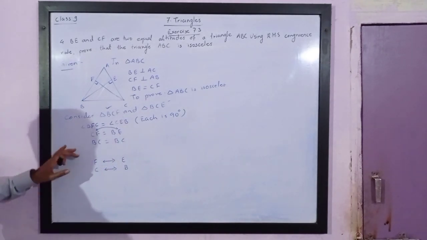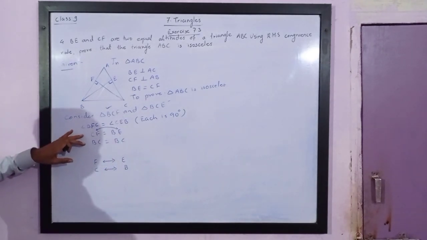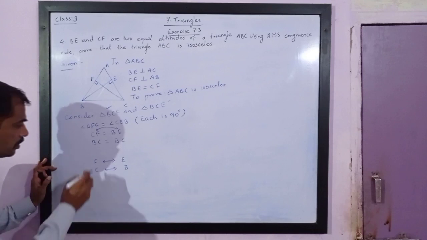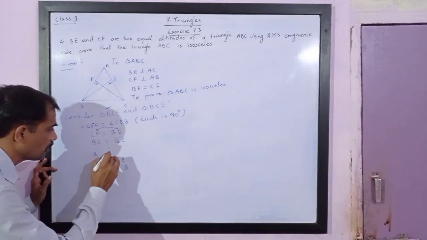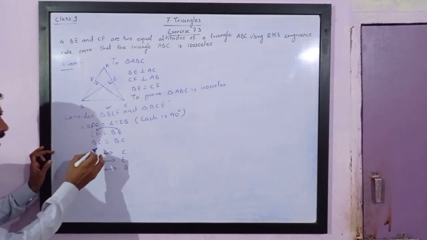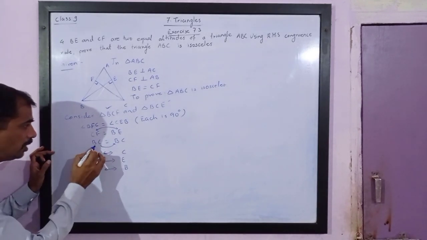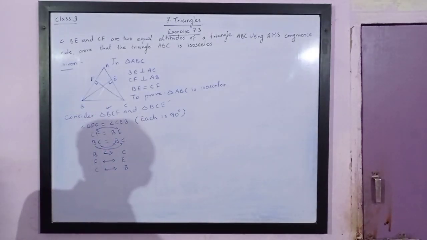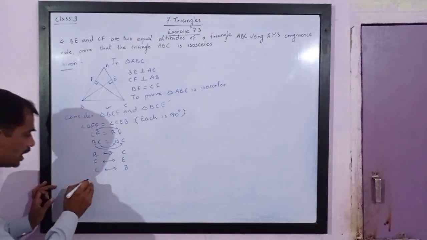And it also means the remaining vertex, that is B, corresponds to C. Watch carefully. If C corresponds to B, then B will correspond to C. Don't get confused here.